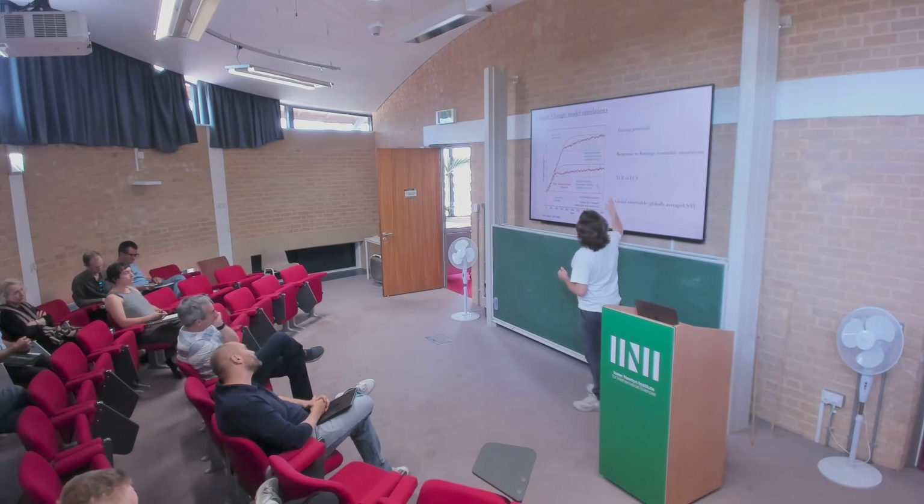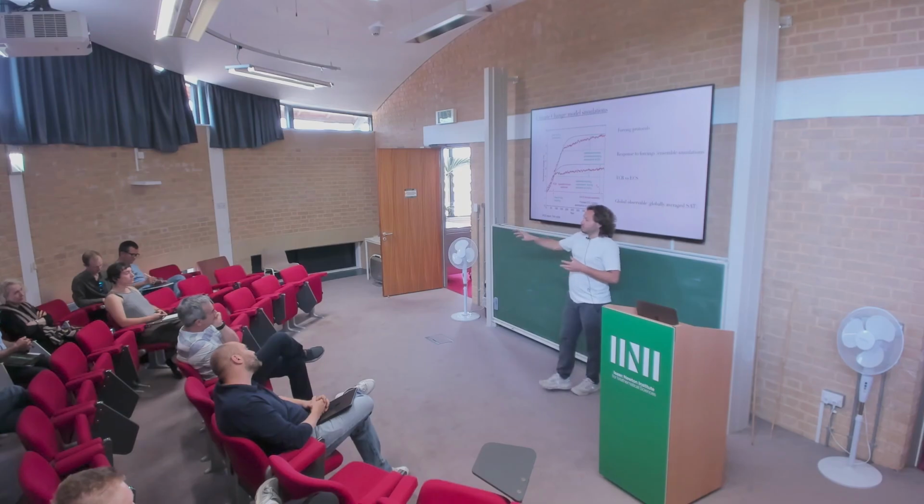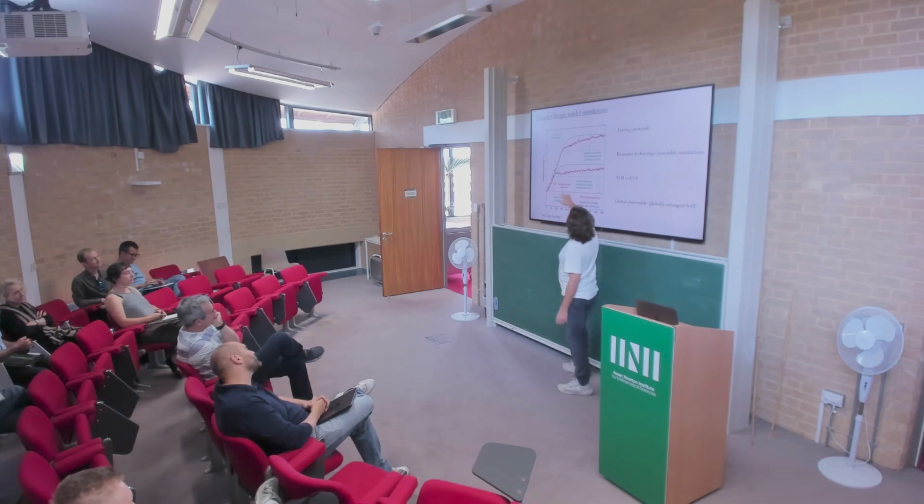And then you would think about some forcing protocols. So you think, okay, let me ramp the CO2 in my model by, let's say, 1% each year. And then we have a commitment to stop that CO2 emission when I reach basically double the CO2 level or quadruple the CO2 level.